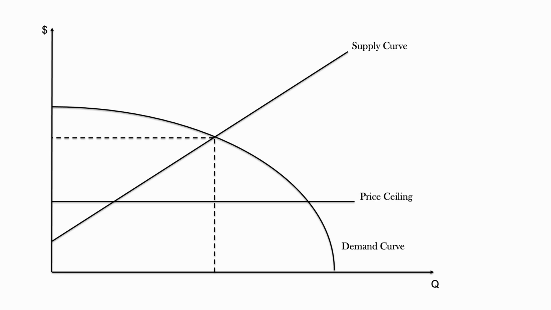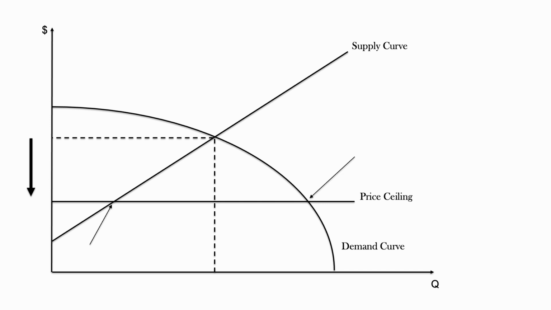Now assume that we have a price ceiling. So you are not allowed to sell your item for more than this price. Well, the demand side thinks this is great, because at that price they're willing to demand a lot. But suppliers are going to say, hold on, because they're not really willing to accept that amount.